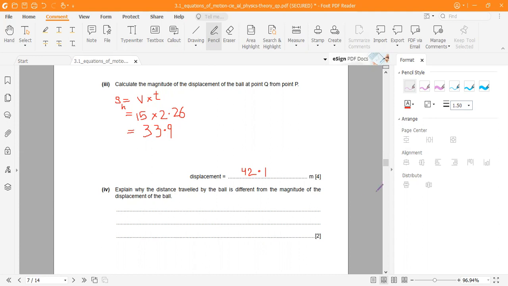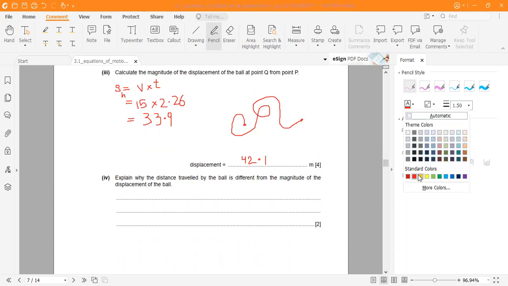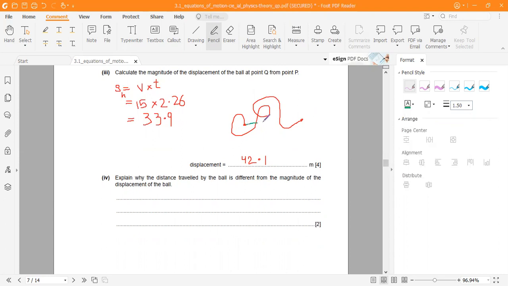What is distance? If I go from this point to this point, and let's say I choose a path like this, the length of this path will be my distance. But displacement is basically the shortest distance between these two points. So this green line is my displacement, right?